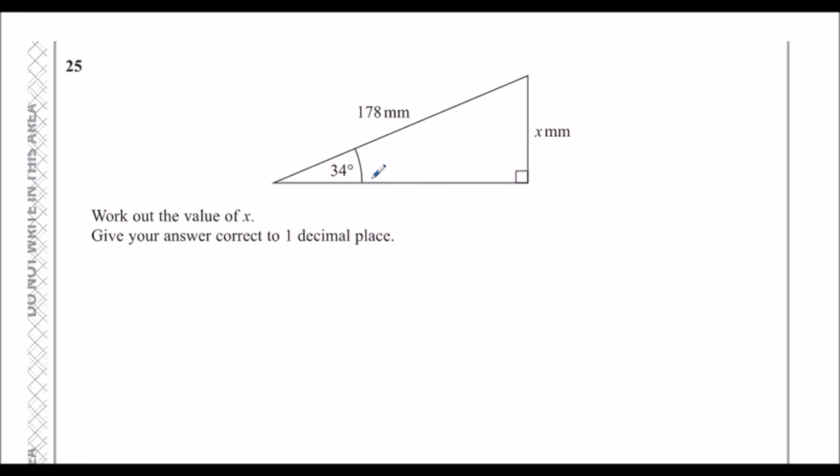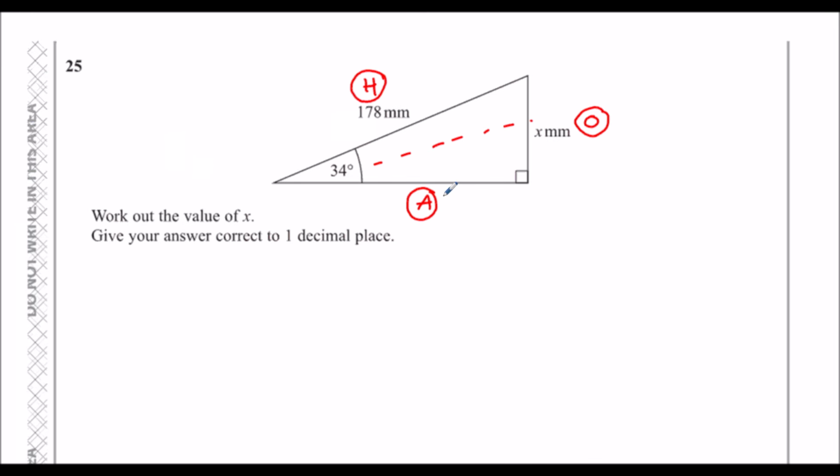So let's label it first. The side opposite the angle is called the opposite. The longest side of a right angle triangle, opposite the right angle, is called the hypotenuse. And the one in between the right angle and the angle is called the adjacent.